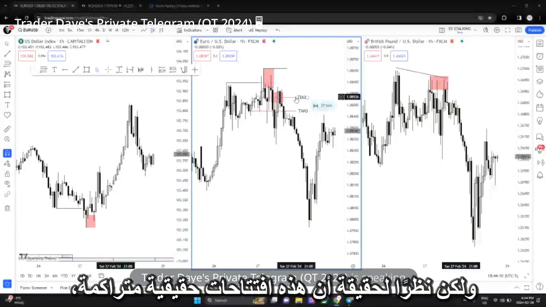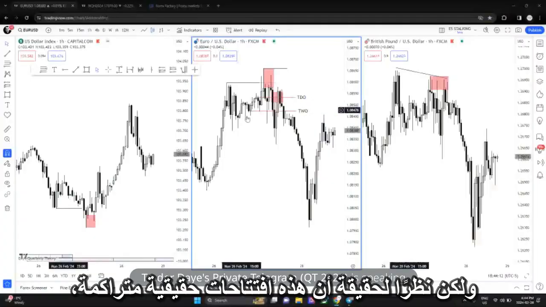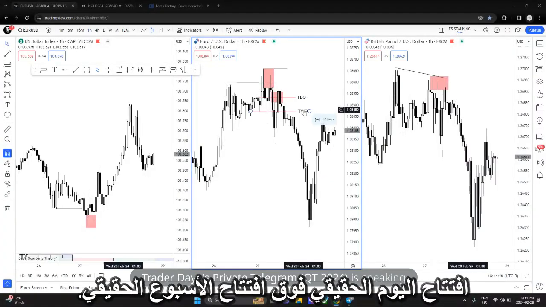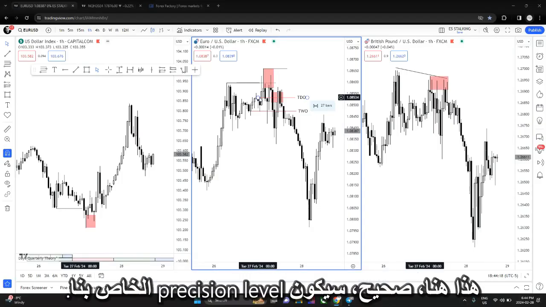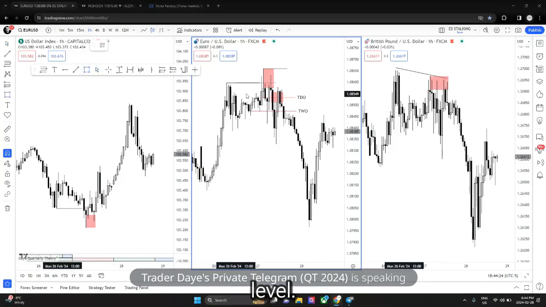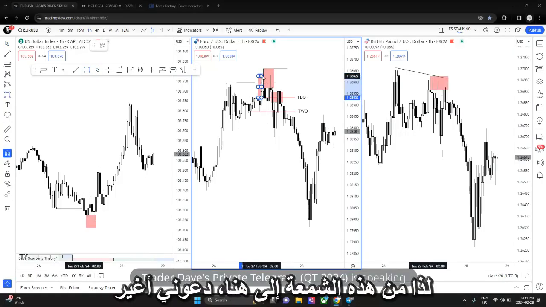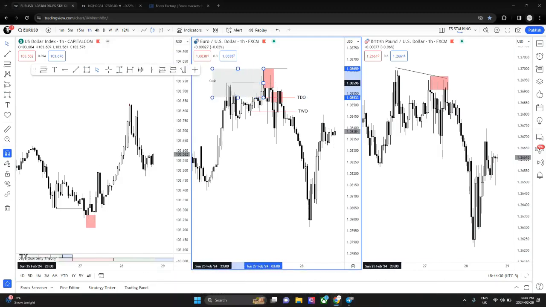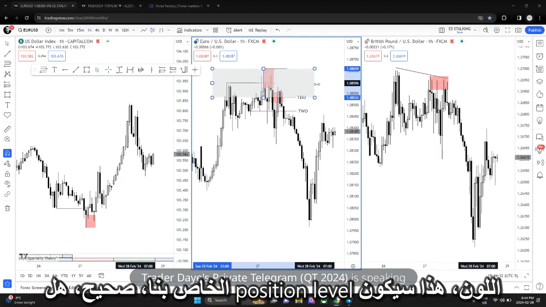But due to the fact that this is stacked true opens, true day open over the true week open, this right here would be our precision level. So from this candle to here, let me change the color. This would be our precision level, right? Do you see?